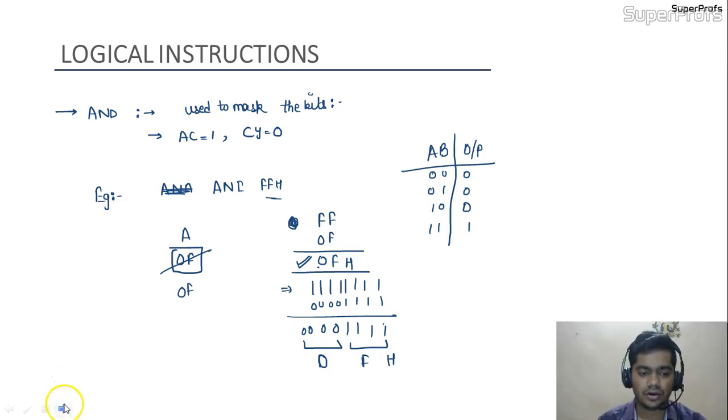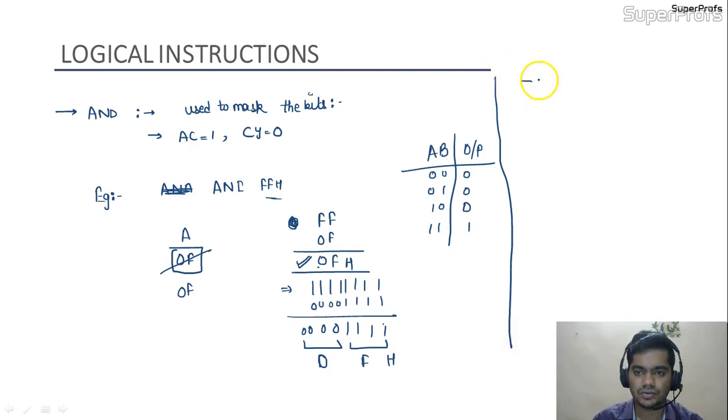And what would be the OR operation? Suppose we want to do the OR operation. The point to keep in mind is that it is used to set the bits. We know that for the OR operation, if any one of the inputs is 1, the output would become 1.